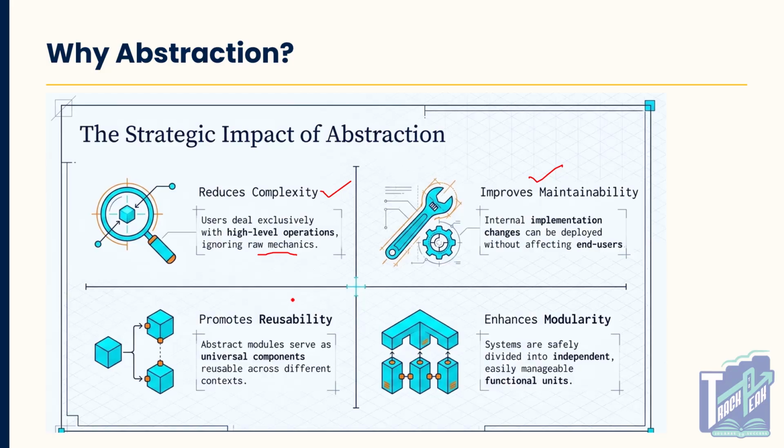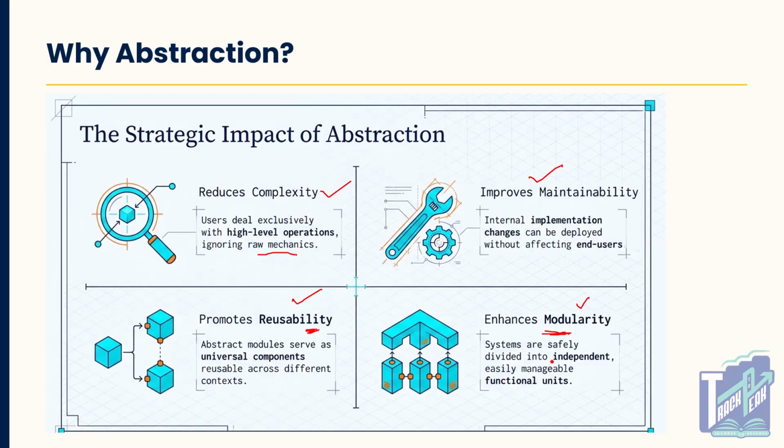The third main impact is that it promotes reusability. Abstract modules serve as universal components, and we can reuse them across different contexts as per our need. The final one is that it enhances modularity.